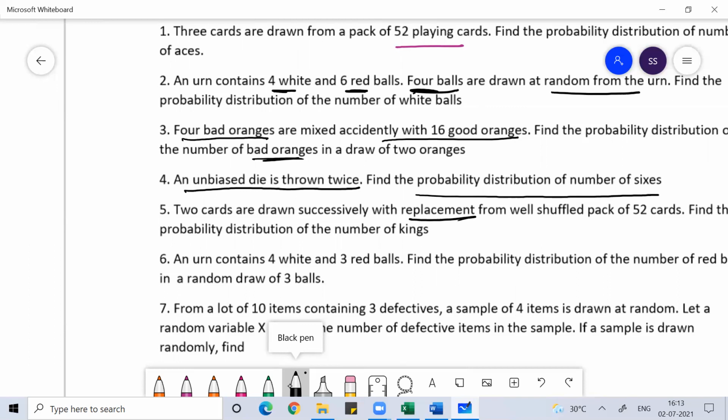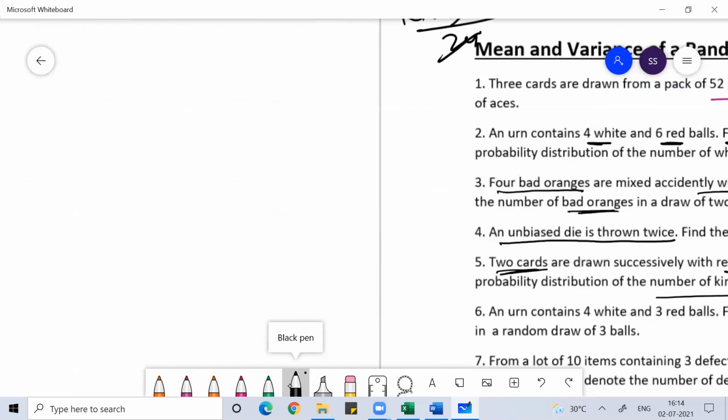If it is given as with replacement, then it is like from 52 playing cards I'm drawing two cards and then I'm keeping it back also. Two cards, so two times. What is the probability distribution of the number of kings? It can be that I'll get zero kings or one king or two kings, and the sum of the probability distribution of this would be equal to 1.